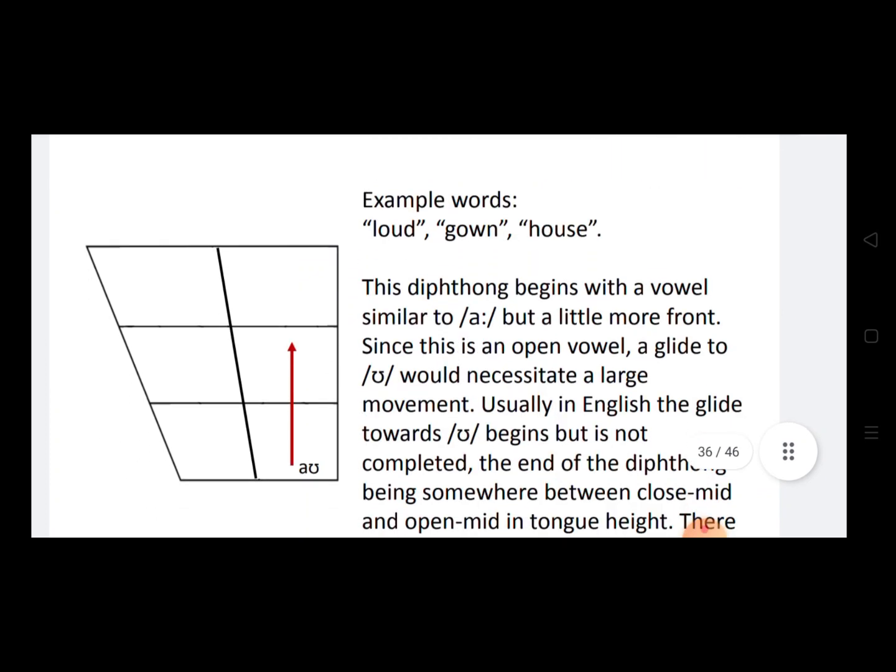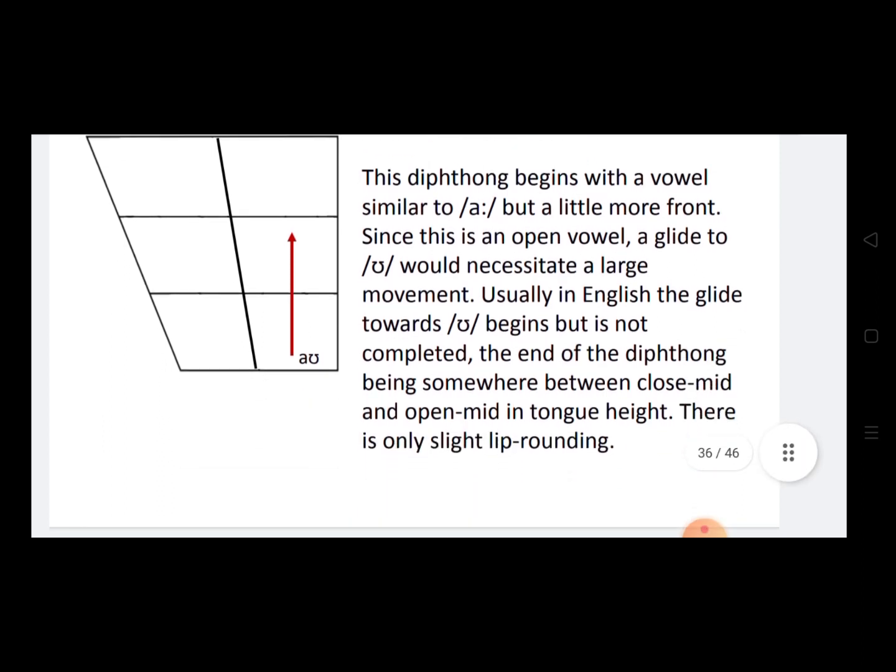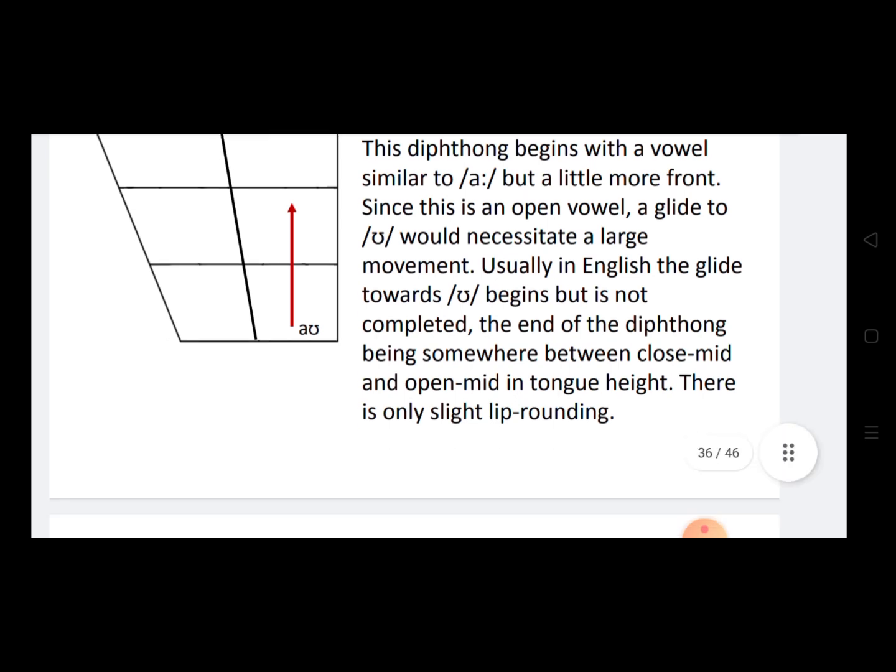And in au, example words are loud, gown, house. This diphthong begins with an open vowel, and in English the glide towards u begins but is not completed, with the end of the diphthong being somewhere between close mid and open mid.